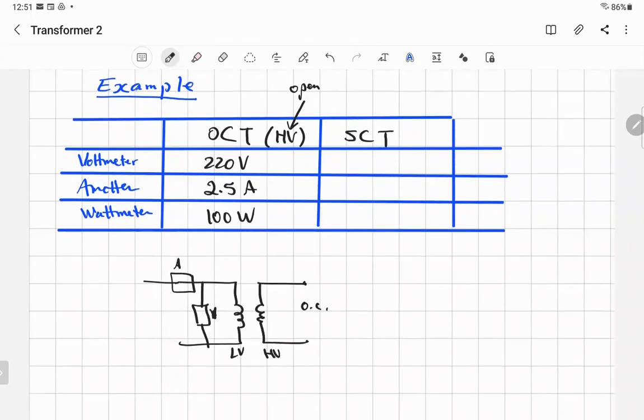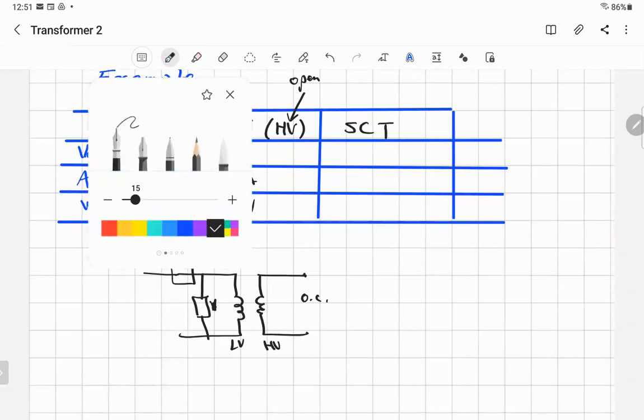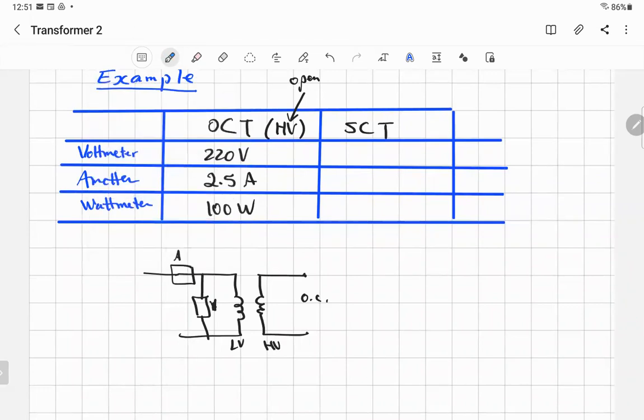And for the short circuit test, they did something different. Here, you have the low voltage side and the high voltage side. The low voltage side was shorted, so they make a short circuit here.